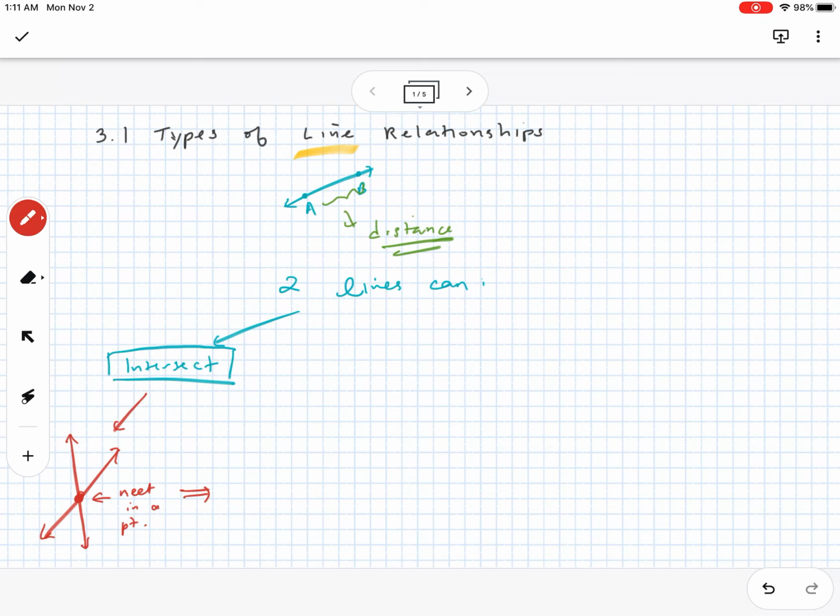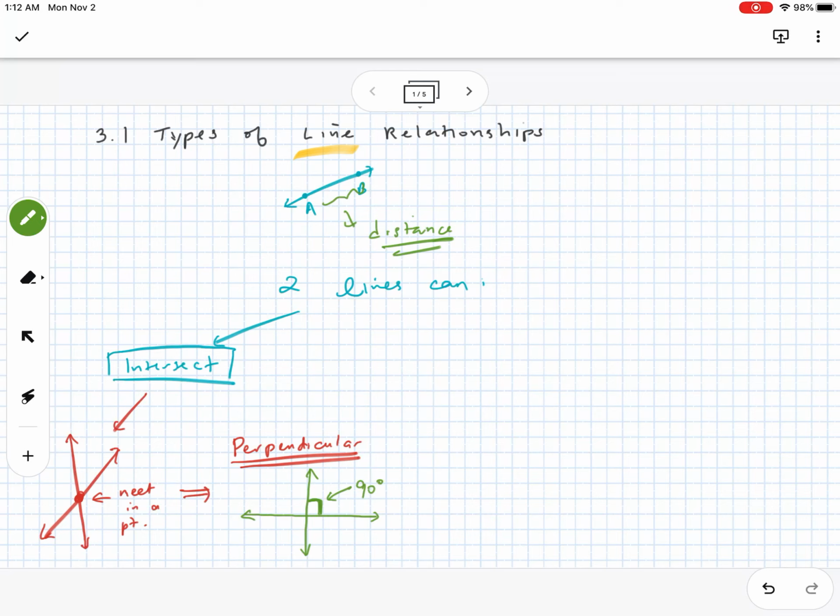And then if we want to get really particular about it, they can have a very special type of intersection called being perpendicular. And when we say perpendicular, what we are talking about are two lines that intersect in a very particular way, and more specifically when they intersect in what we talked about just previously as a right angle, which is 90 degrees.